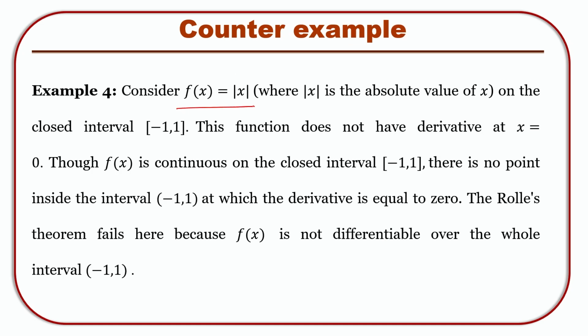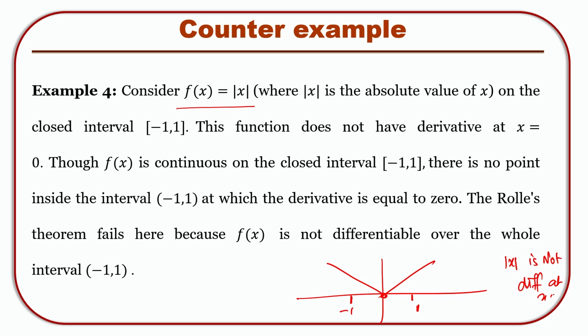Consider f of x equal to modulus of x. Obviously, modulus of x, we all know that it is a continuous function everywhere, but it is not differentiable at x equal to 0, right?